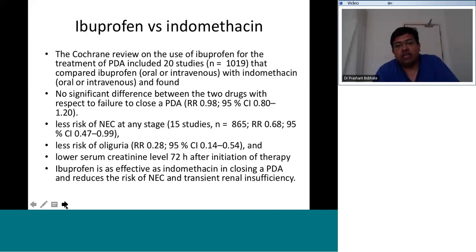There was less risk of NEC at any stage with ibuprofen as compared to indomethacin, less risk of oliguria, lower serum creatinine level. So the conclusion was ibuprofen was as effective as indomethacin in closing the duct and reduces the risk of NEC and transient renal insufficiency, which can be seen.